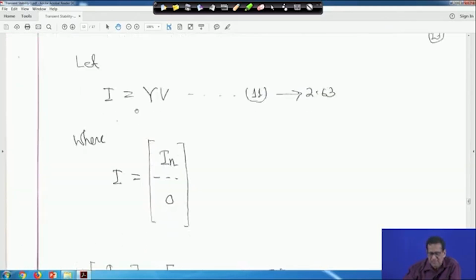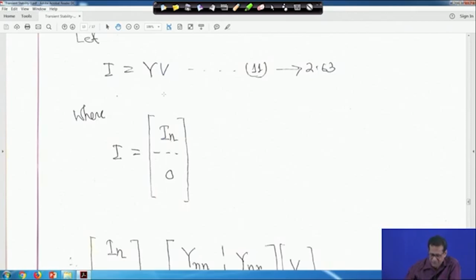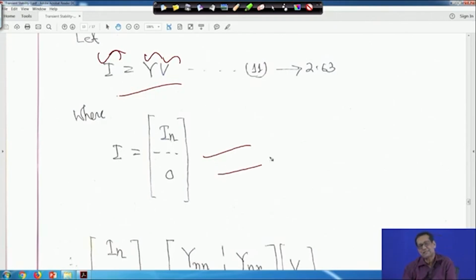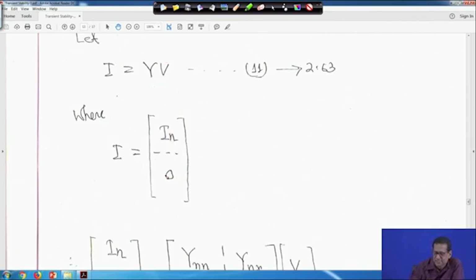Now, we know that in general I is equal to Y V. These are phasor quantities, though again and again I have not written the tilde, but it is understandable. Now I can be written as I n and 0.